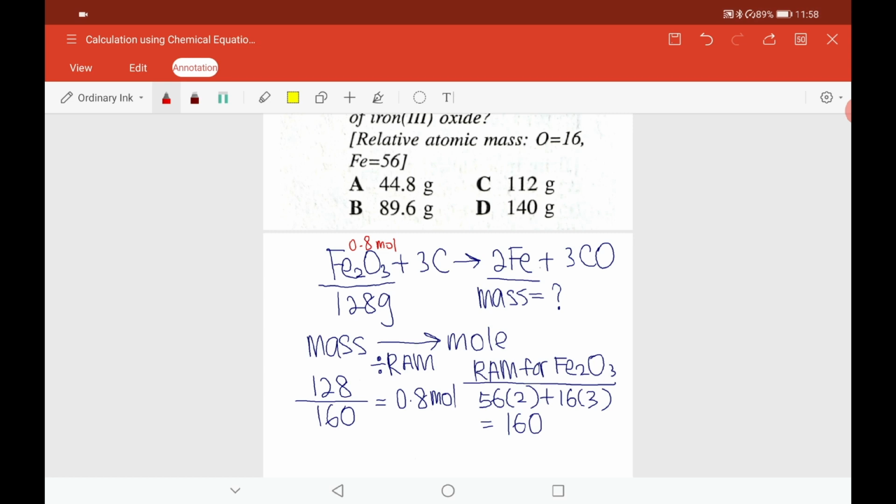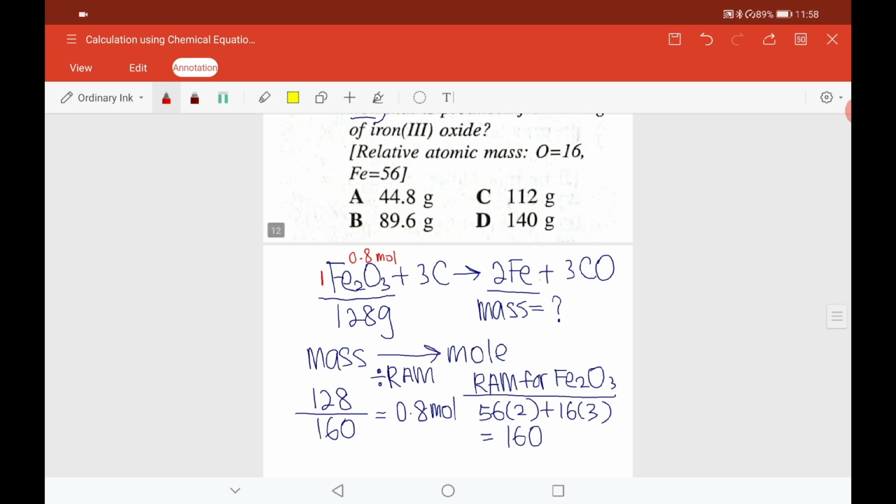Now that we know the mole of one substance, we need to find the mole of another substance. How do we do that? We do ratio. Fe2O3 is 1 and Fe is 2, so 1 to 2.